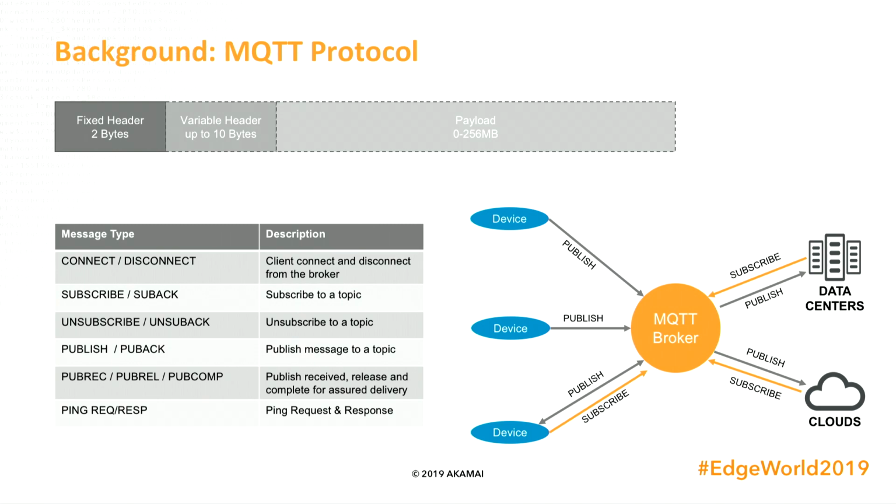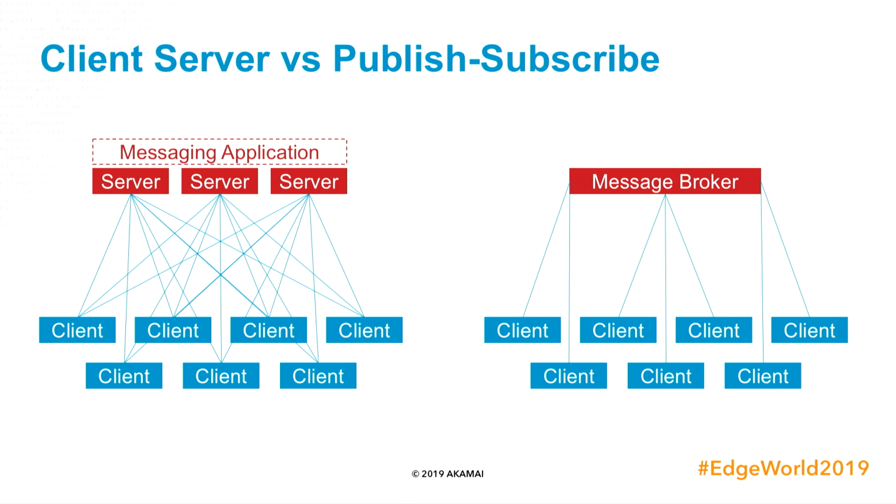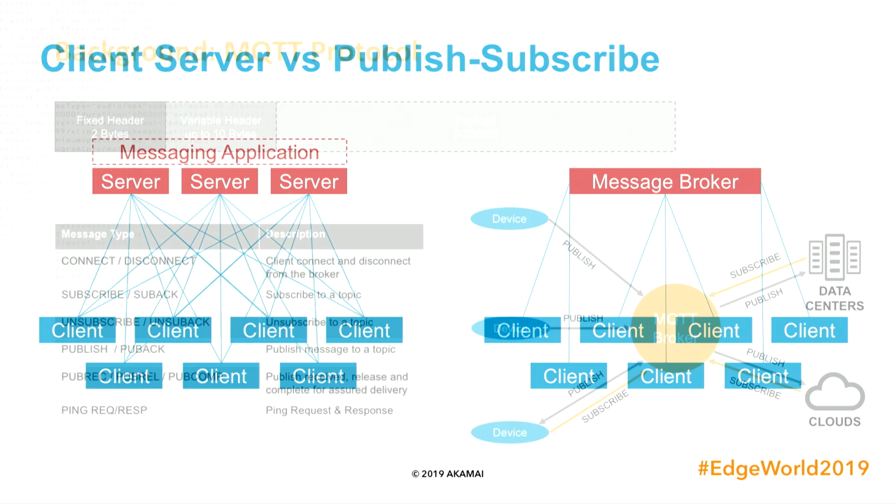So the notion, if I go back here, is that each client connects to a broker. So all of the connections are going outbound from the client, inbound to the broker. And once that connection is established, there's a very lightweight keep alive that keeps the connection persisting.